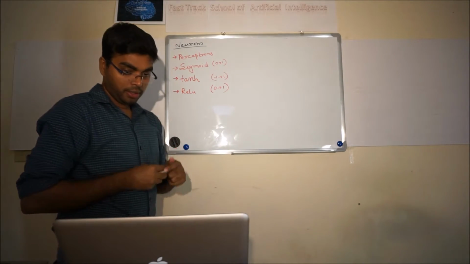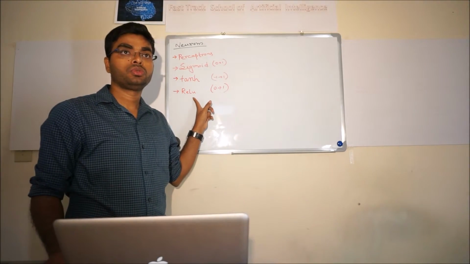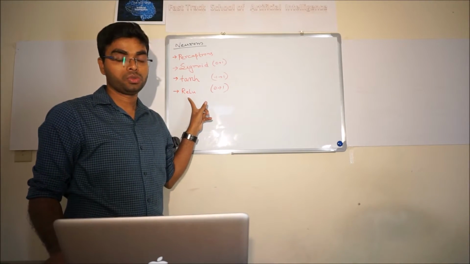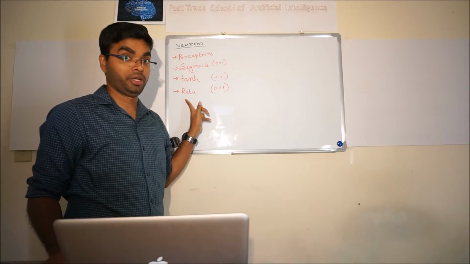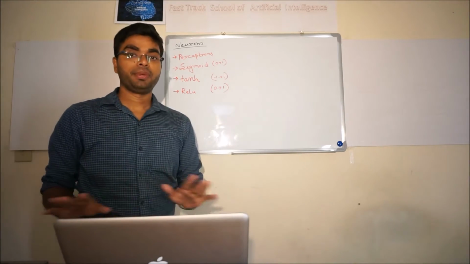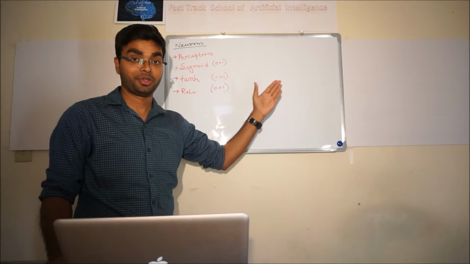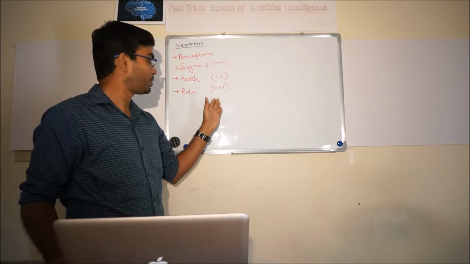Alright, let me tell you one thing. This is the most widely used type of activation in neural networks at this point of time. Most of the implementations will use these ReLU activation functions for the network. So this is very important.